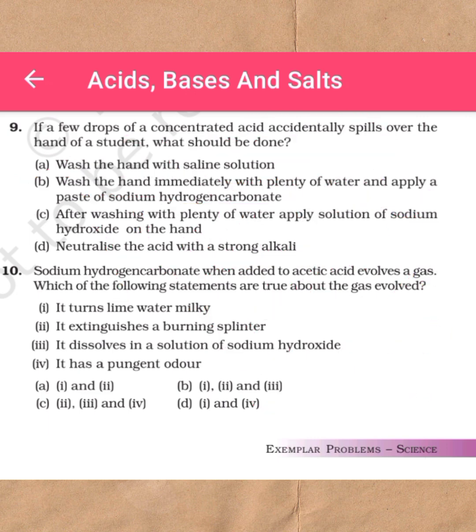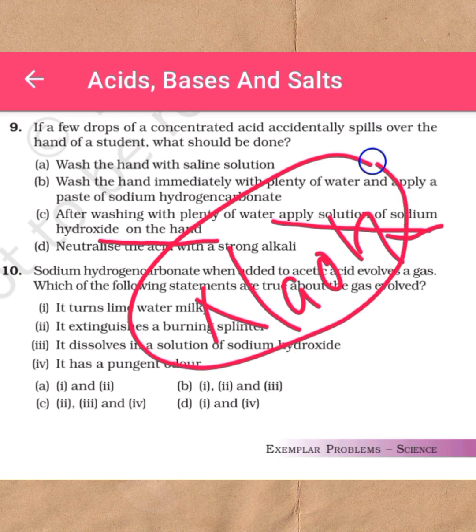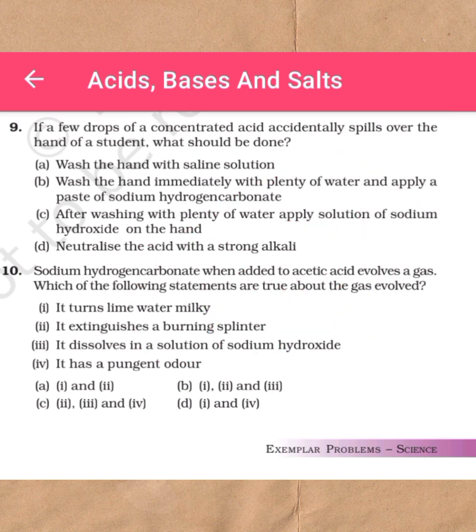And the next, after washing with plenty of water, apply solution of sodium hydroxide on the hand. After washing the hand with water, we should use a solution of sodium hydroxide, that is basic in nature. And the next option is to neutralize the acid with strong alkali. We should neutralize the acid with strong alkali.